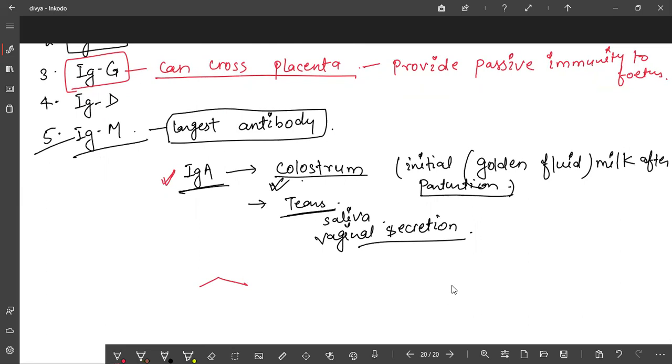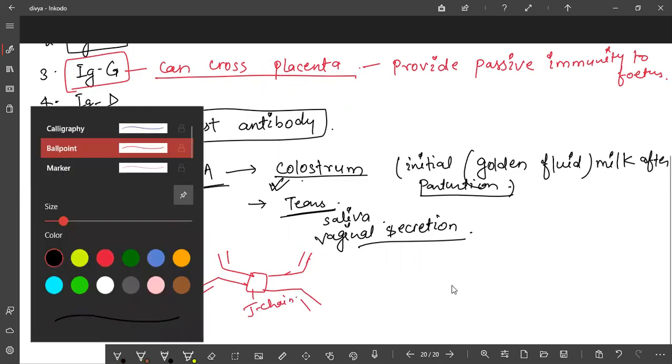Dimer means two chains like this. So now you say how many paratopes will be present in IgA? Four paratopes. And these are interlinked through a J chain. So how many paratopes are present in IgA?